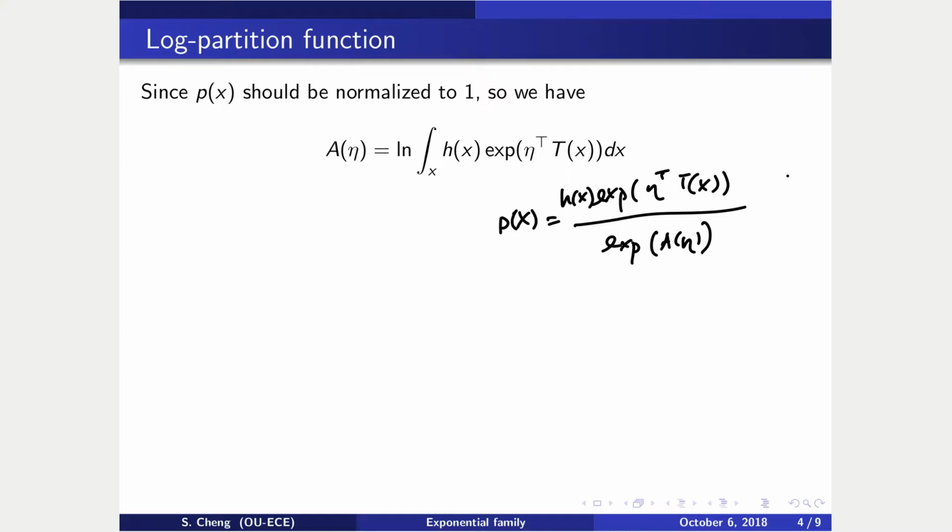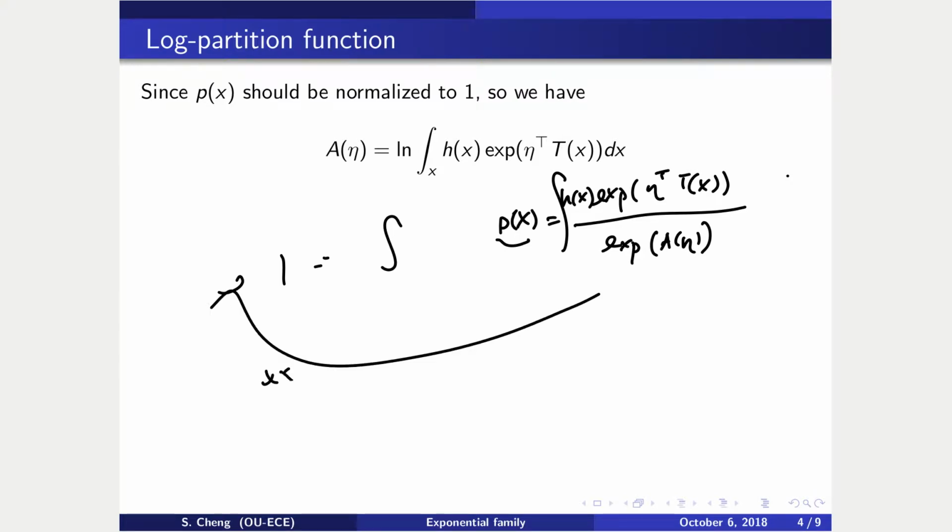And of course this should normalize to 1, so if I take the integral on both sides, this side will be equal to 1, and therefore I put this on the other side, and then I have exponential of A(eta) is this integral here, so I take the log, therefore I have A(eta) is equal to log of this thing.